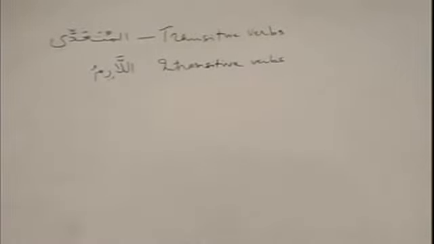Transitive verbs means, brothers and sisters, that there is an action, which is the verb, and there is a doer of the action. The action is transferred to something else. The fa'il is the doer of the action, and then there is something which receives the action.